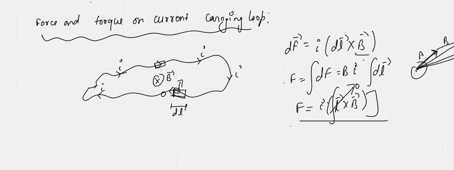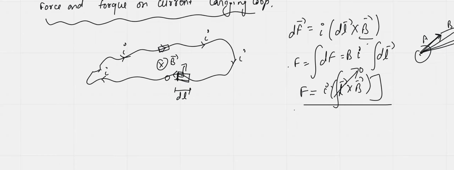In other words, you can see the force on this portion of the wire is upside, on this portion it is downside, on this it is this side, and on this it is this side. Similarly, in each component, the forces go perpendicular this way, this way, this way.